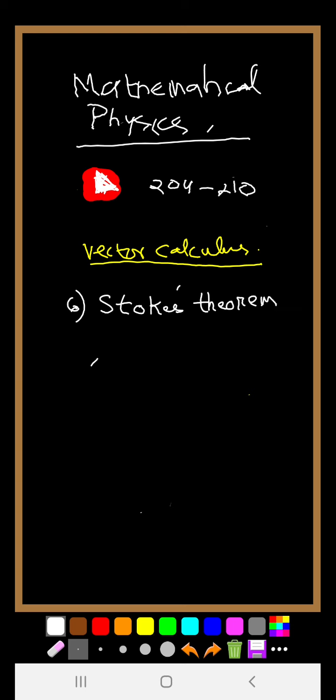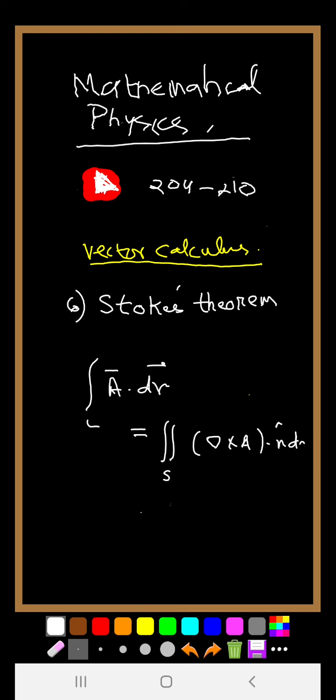It says that a closed line integral A dot dr is equal to the surface integral del cross A dot n ds, which in a simplified manner we can write as del cross A dot ds.